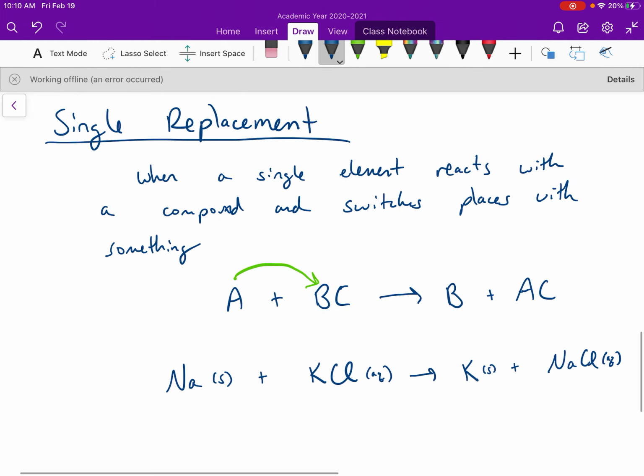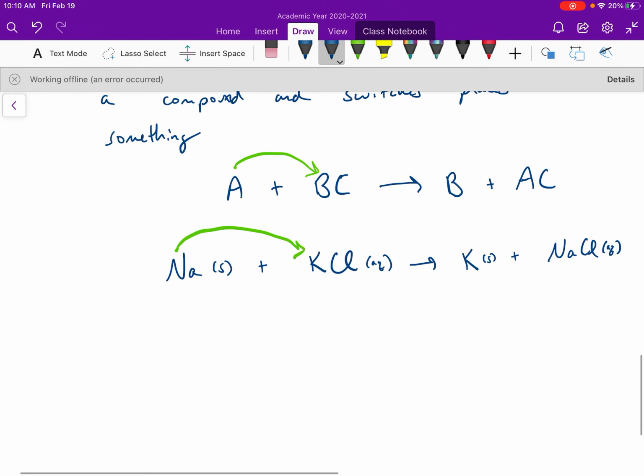All right. So what ends up happening is the sodium and the potassium swapped places. So we started with an element and a compound, but we ended up with a different element in a different compound. That's single replacement. Okay?